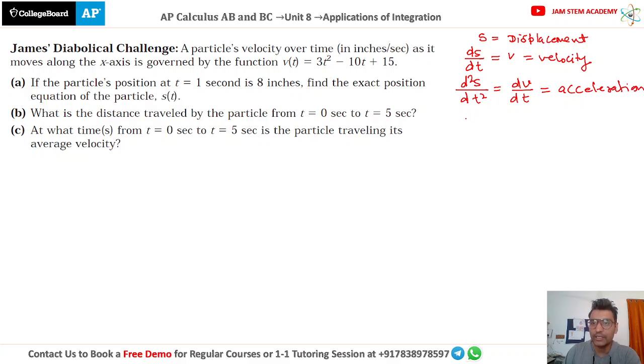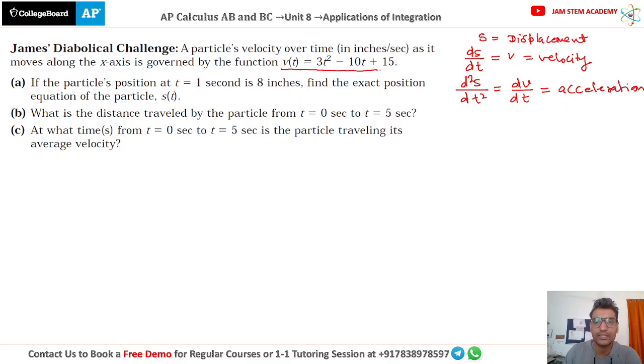And in order to get the displacement from the velocity, if the velocity function is given to us, for example, in this case, it says a particle's velocity over time in inches per second is given by v(t) is equal to 3t squared minus 10t plus 15. That is the velocity function.